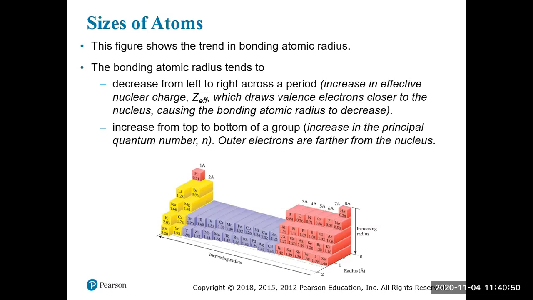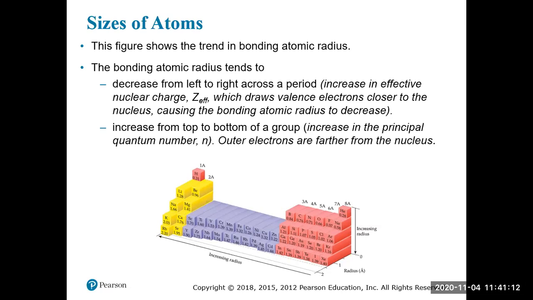As we go from top to bottom in a group, so in other words, if we're in, say, 1A or 2A and went down, we see that there's a slight increase in the size. And this is because we're getting an increase in that principal quantum number n.